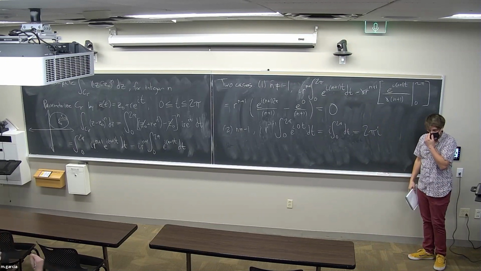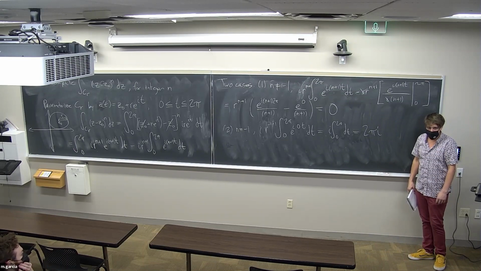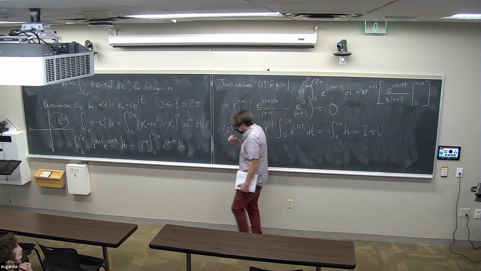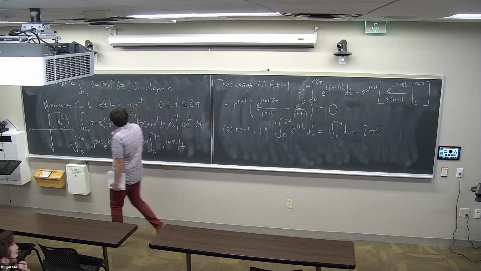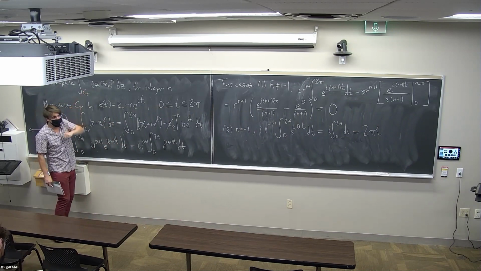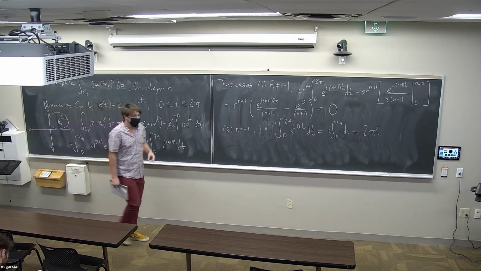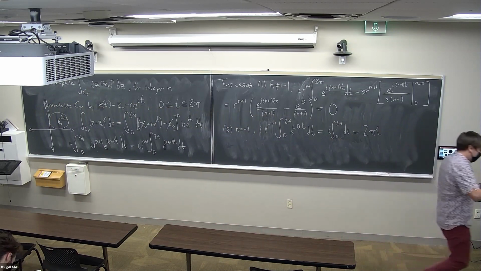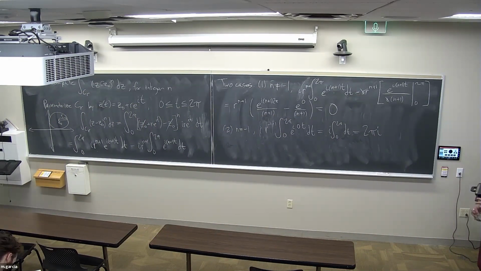Okay. Very, very strange that when our integrand has a simple pole at z0, we get a non-zero value for the integral of a closed contour which loops around that pole.